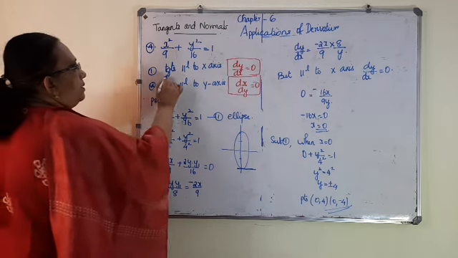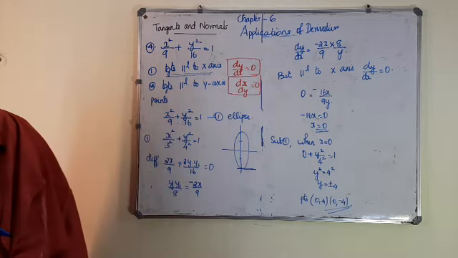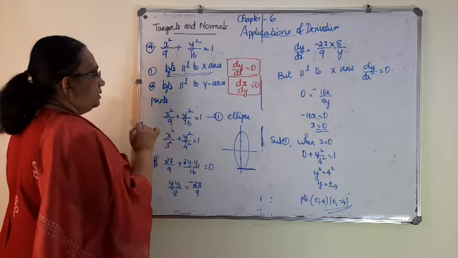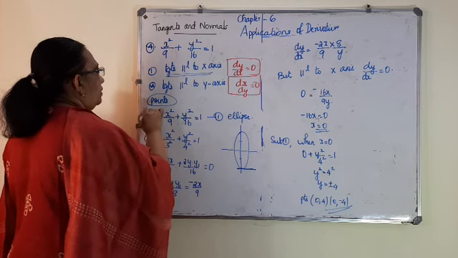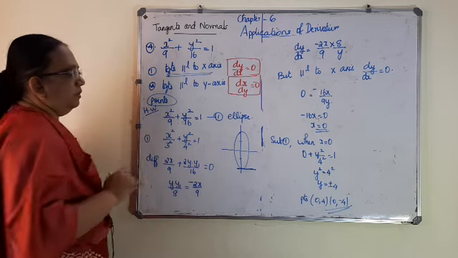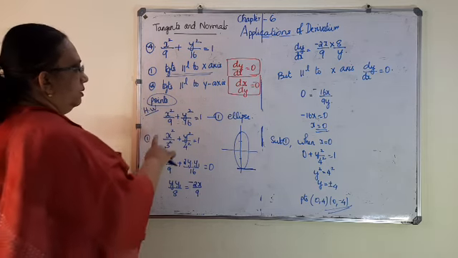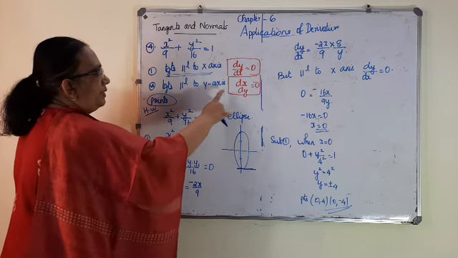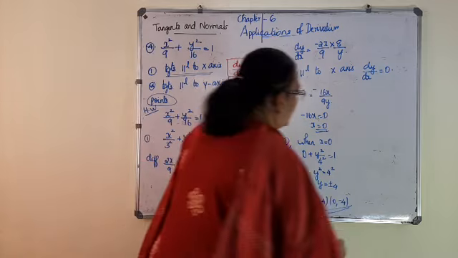This is tangent parallel to the x-axis. In the same way, you can do tangent parallel to the y-axis. It is a homework question. I hope this is clear to you. Tangent parallel to the y-axis is dx by dy is equal to 0. And check your answer.